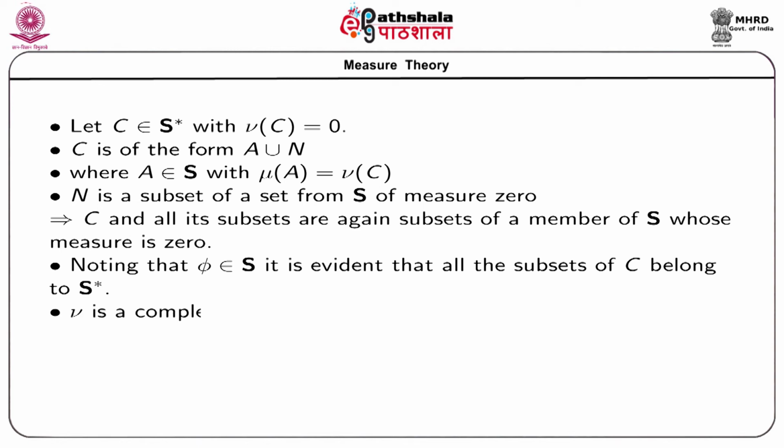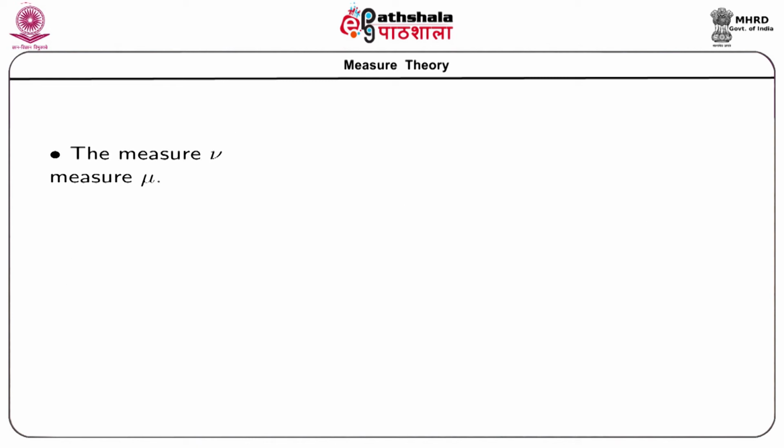So, this proves that nu is a complete measure on S star. And this particular measure nu, which we obtained in this manner, is called the completion of the measure mu.